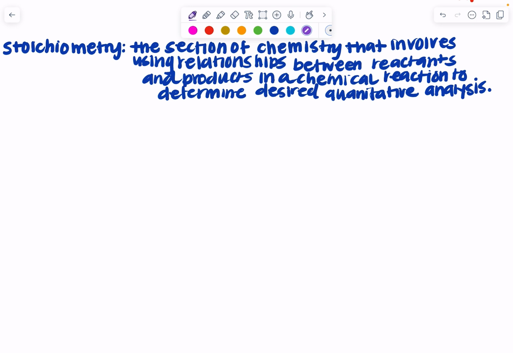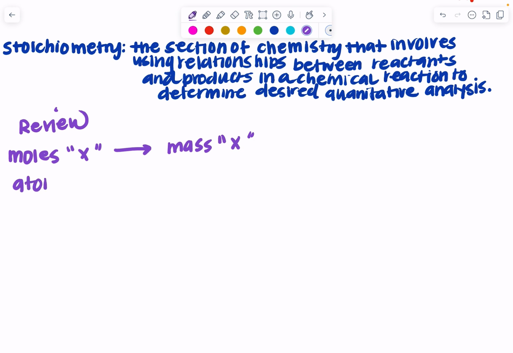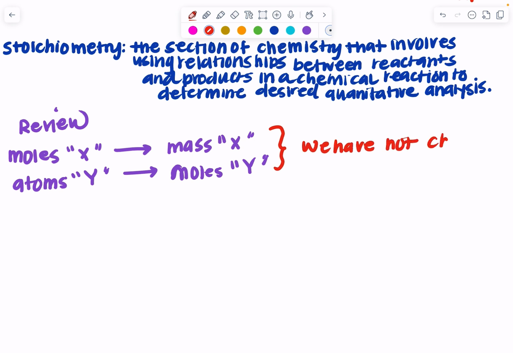What we've been doing so far, in our review, is going from moles of some substance, let's just call it X, to mass of X. Or we've been going from atoms of Y to moles of Y. In this case, we have not changed substances.